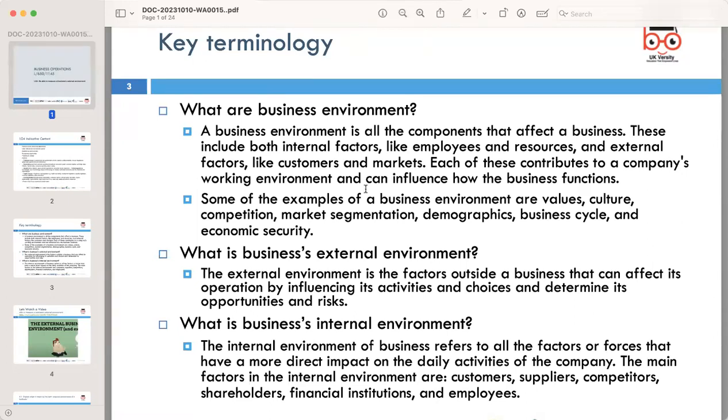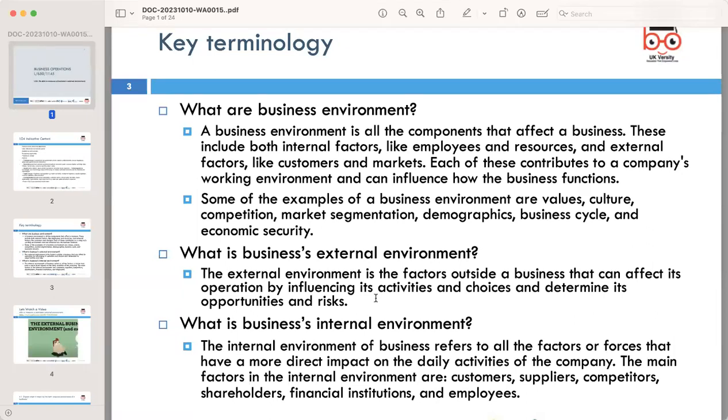What is the business external environment? The external environment is the factors outside a business that can affect its operation by influencing its activities and choices and determines its opportunities and risks.